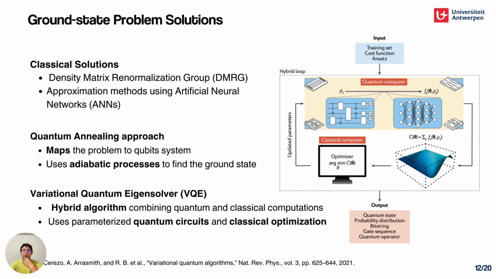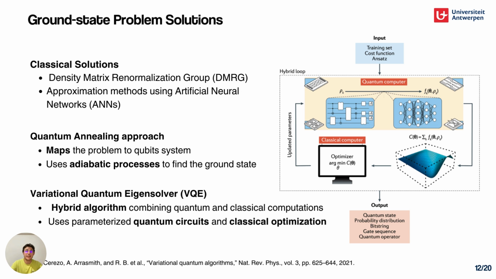There are different ways of tackling the ground state problem. There are some classical methods, and there are even some approximation methods using artificial neural networks to find the ground state of the systems in an easier way. But additionally, there are some quantum alternatives to calculate the ground state.